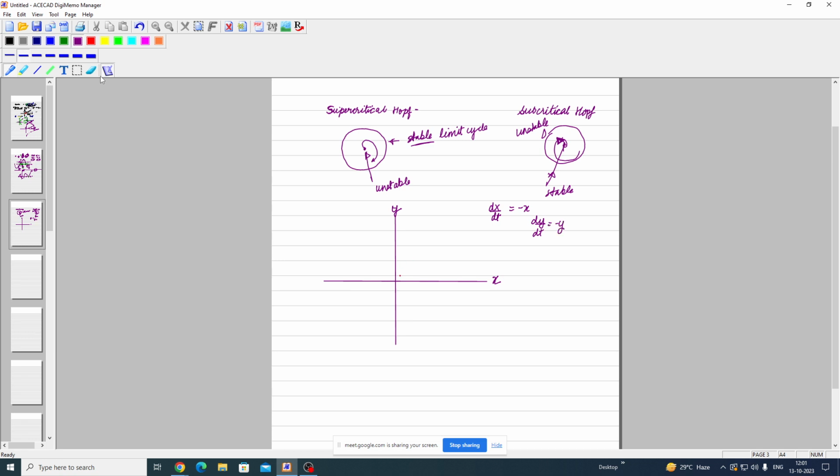In this scenario, your fixed point, which is 0, 0, it's an attractor, so it's a stable fixed point, and we can show it by coloring it. And all the flow lines will go like straight lines. Okay, that one was not a very straight line, but I hope you get the idea.